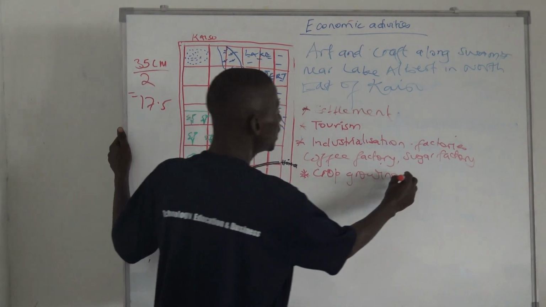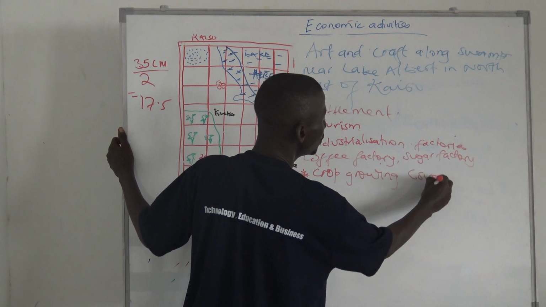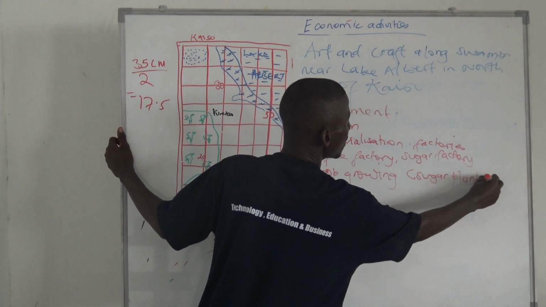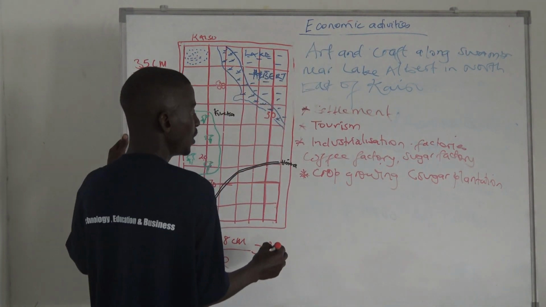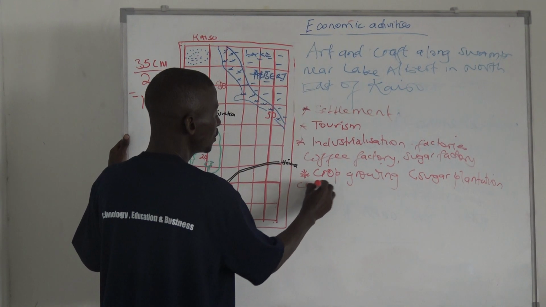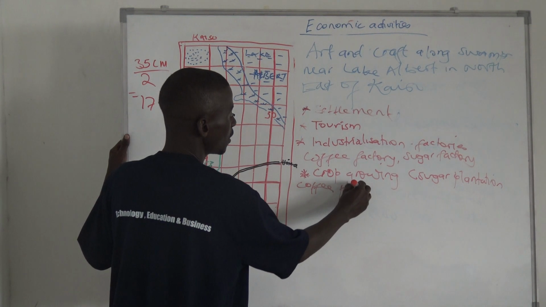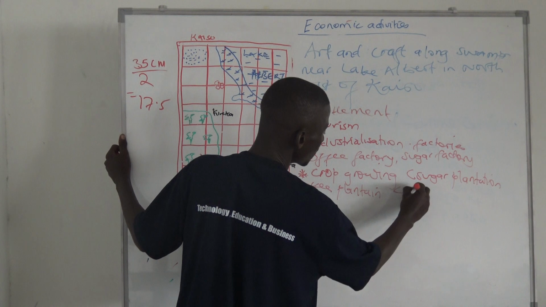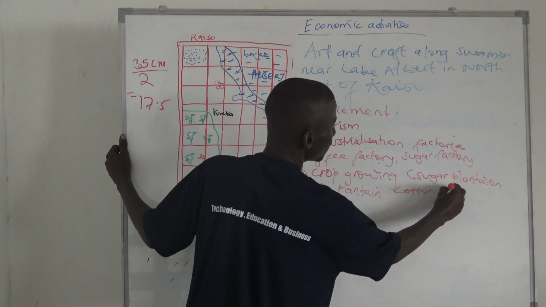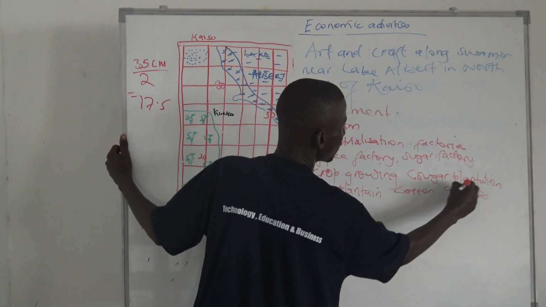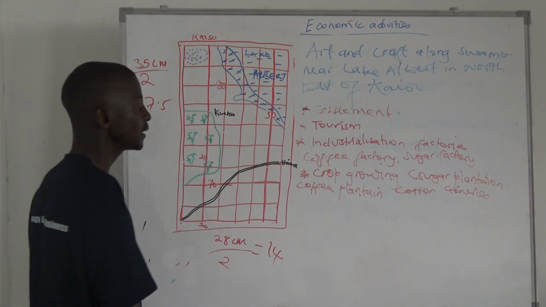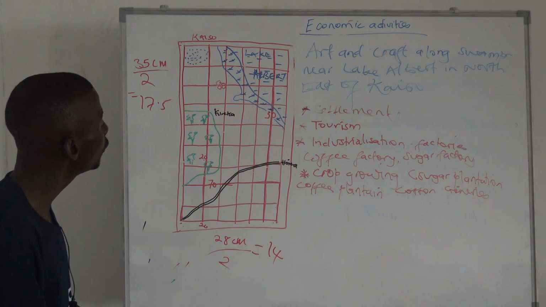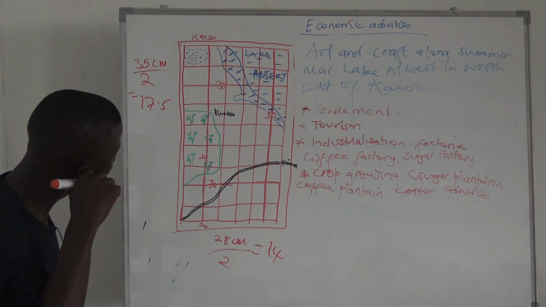The evidence is still maybe a sugar plantation, maybe a coffee plantation, cotton ginneries, etc. They are all evidences of crop growing.